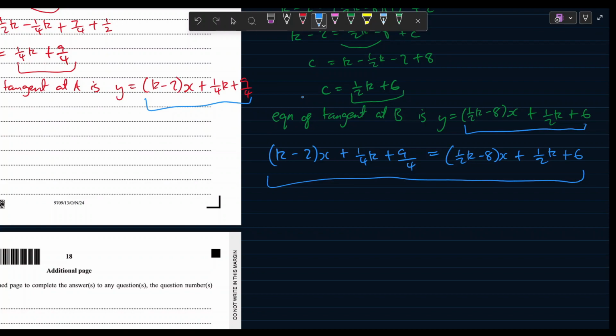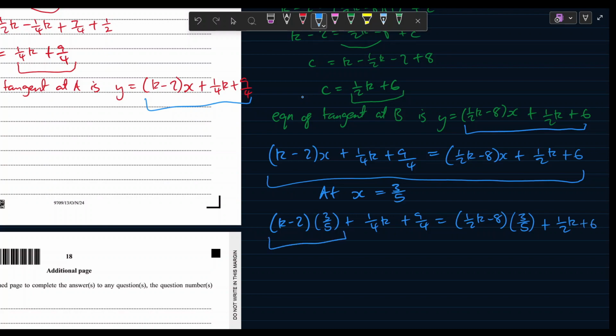So at x is 3 over 5, we've got k minus 2 times 3 over 5 plus a quarter k plus 9 over 4 is equal to a half k minus 8 times 3 over 5 plus a half k plus 6.